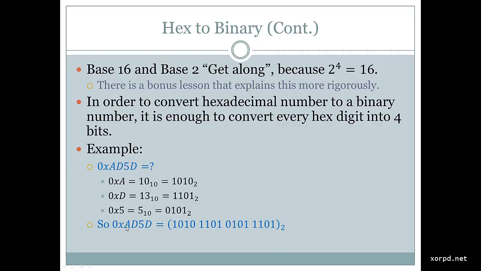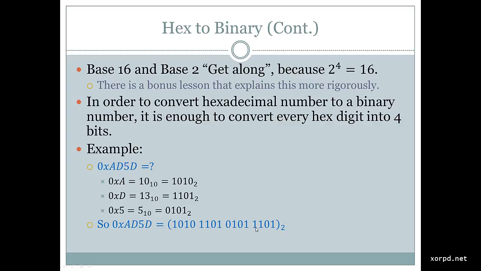The first A is supposed to be 1010 in base 2, and here we have it, 1010. The next one is D, which is 1101, and we have it, 1101. The next 4 bits are 5, and we have that 5 equals 0101 in base 2, and that's what we have here.